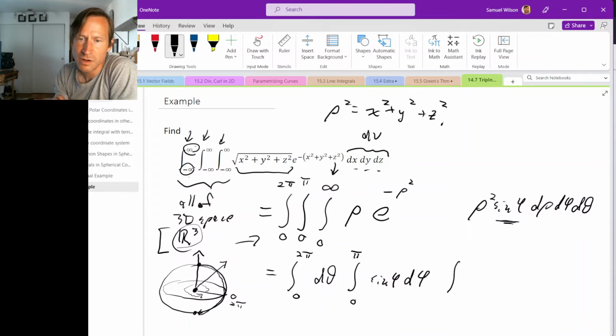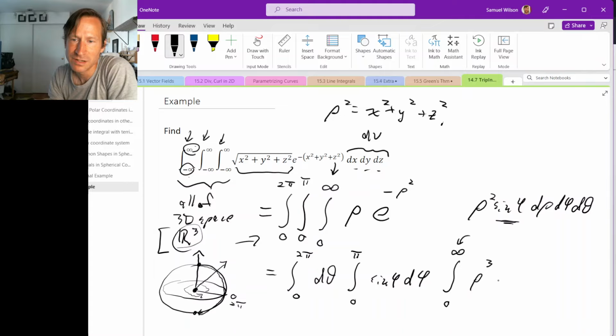And then for rho, that's going to go from 0 to infinity. Remember, an improper bound like this really means this is a limit as the top bound goes to infinity, but I'll let you worry about that. So this is going to be rho cubed e to the minus rho squared d rho.